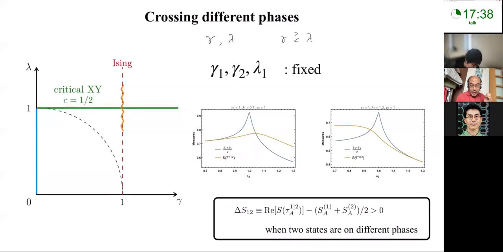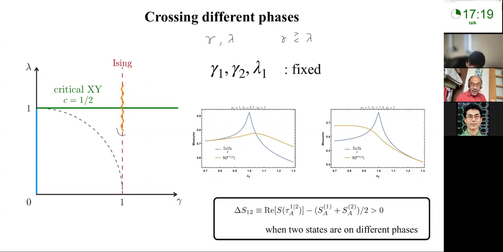So above this line and below the line, we have different phases. So state 1 and state 2 are living in different points in that phase diagram. Is that correct? Yeah, exactly.